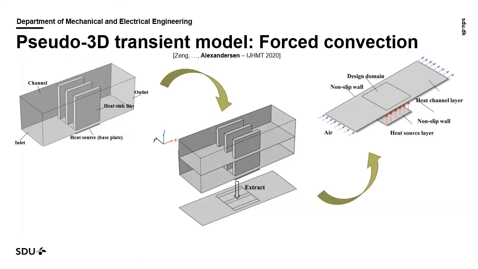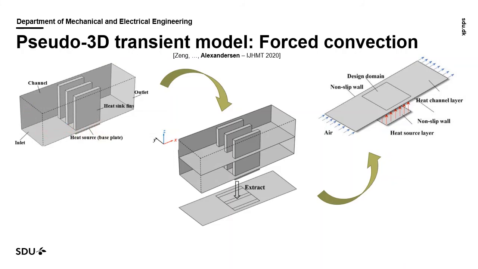So one of the initial steps we did here was we used a pseudo 3D transient model for forced convection heat transfer. We're going back to these extruded type heat fins. So it's going to be extruded in this direction here. We have a heat source, our electronics chip, and then a flow channel.